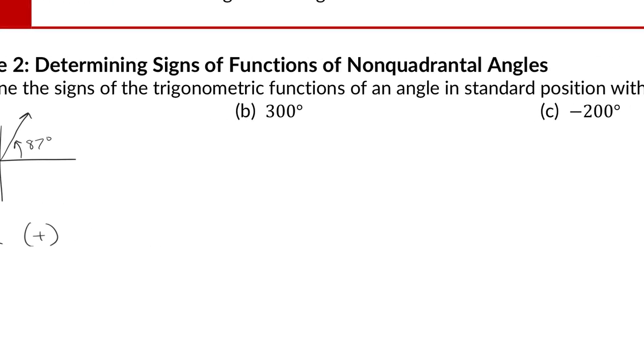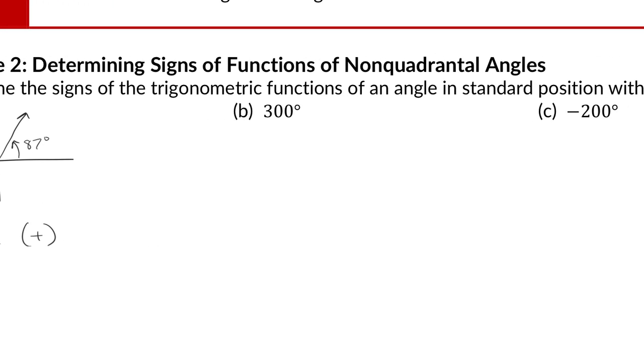If we draw 300 degrees, what quadrant would 300 degrees lie in? The C, the 4th quadrant. Because if we think about our quadrantal angles, this is 90, 180, 270, 360. So 300 is larger than 270, but not quite as big as 360, which means 300 degrees would be somewhere here.